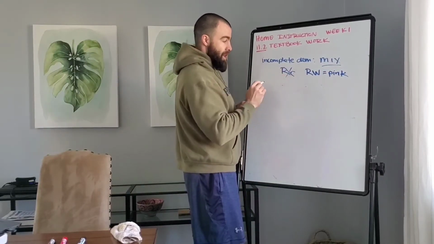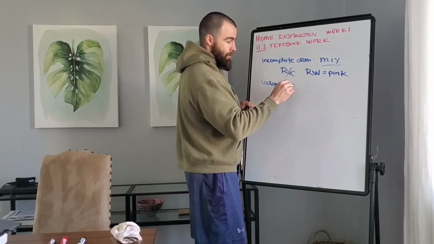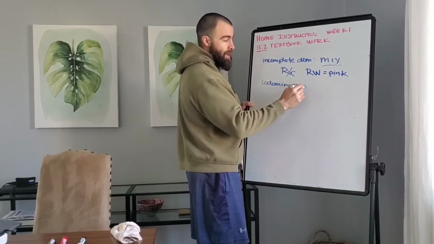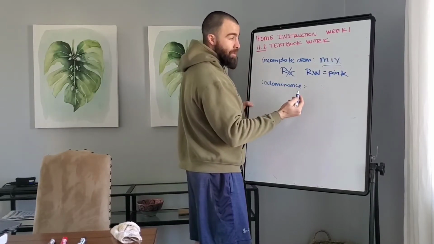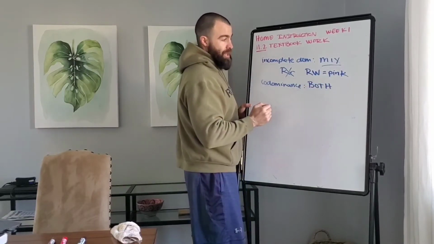So we wouldn't write it like that. And then with co-dominance, think of co like co-worker or cooperate. You're working together, you're both doing the work. So in this case, both of the traits are going to be shown.